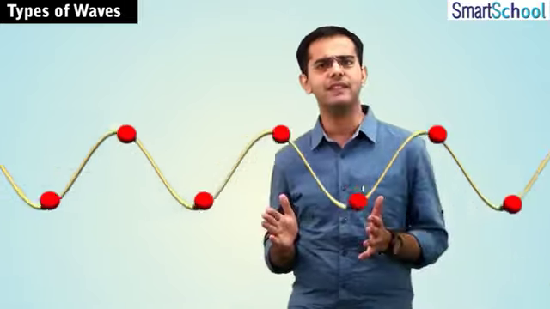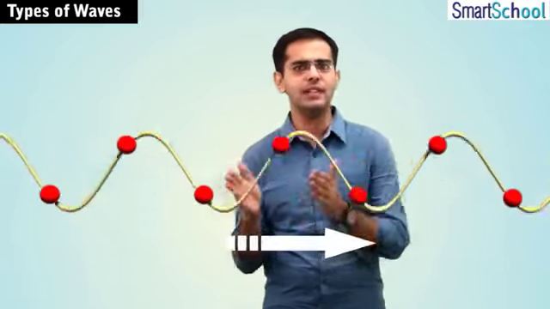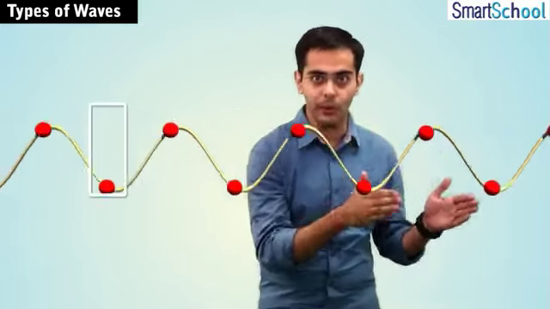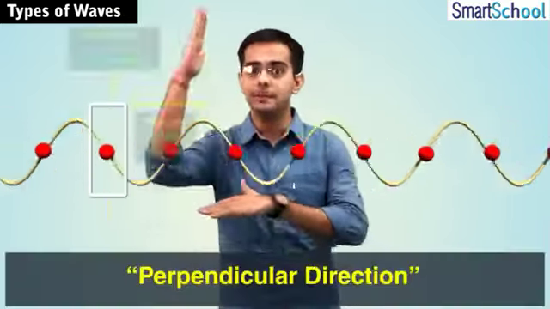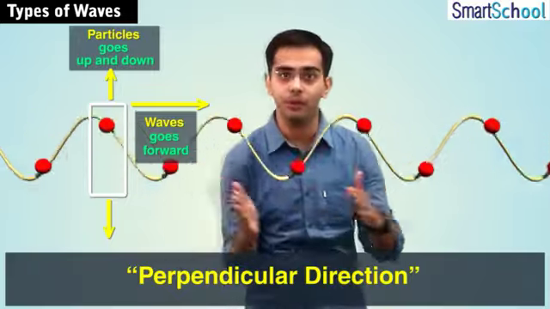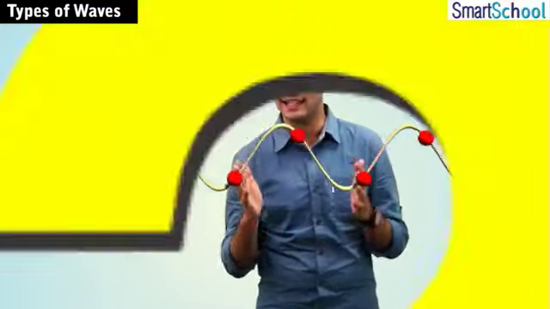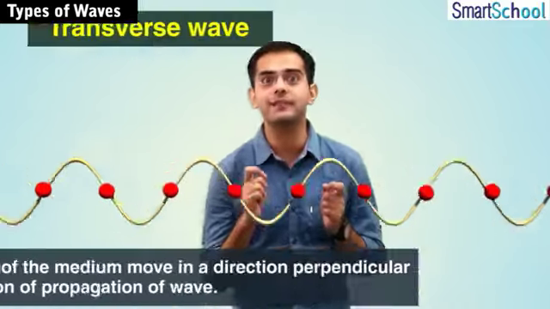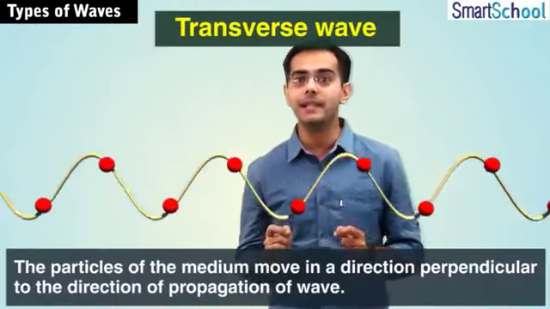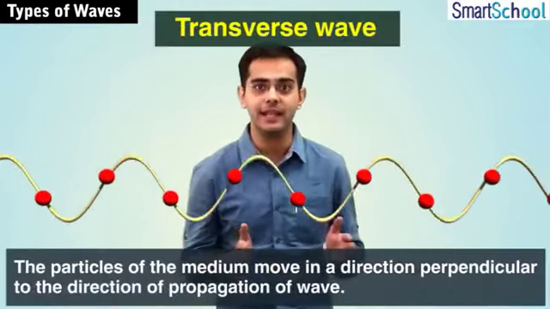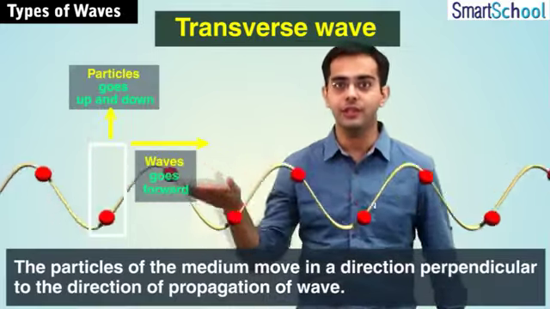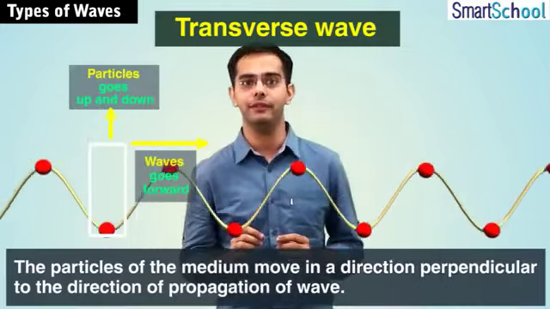So here the waves move straight from one end to the other, while the particle motion which makes that wave is in a direction perpendicular to the direction of propagation of the wave. Now this type of wave is called, any guesses? Yes, this type of wave is called the transverse wave, in which the particles of the medium move in a direction perpendicular to the direction of propagation of the wave.